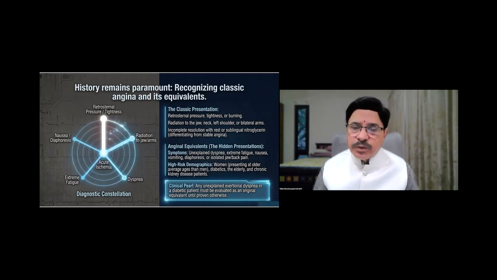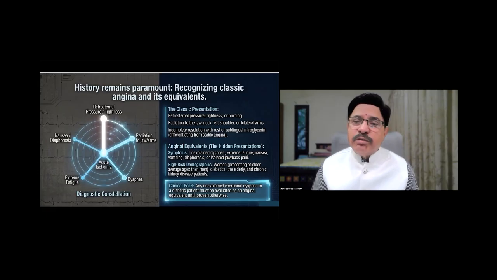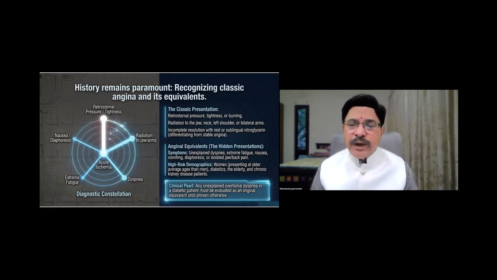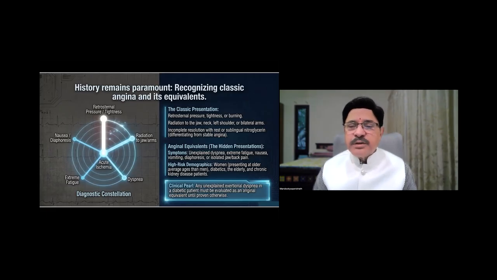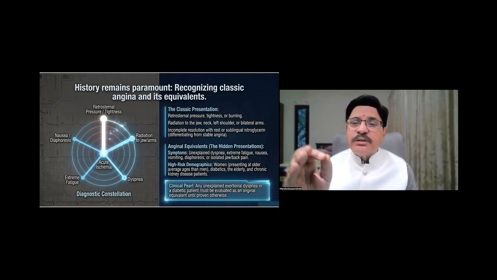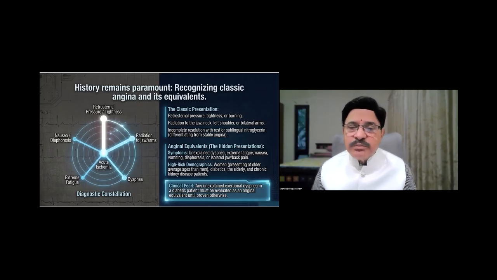High-risk demographics: who are the people who present with anginal equivalents? Women, diabetics, elderly, CKD patients. Women, diabetic patients, elderly patients, CKD patients will not have the classical chest pain described above. They will have angina equivalents mostly.